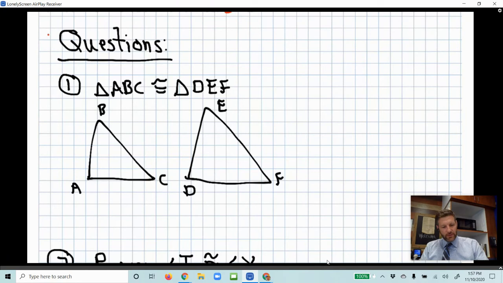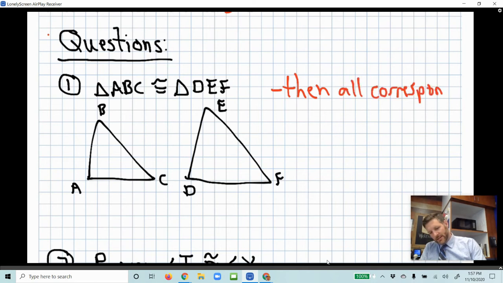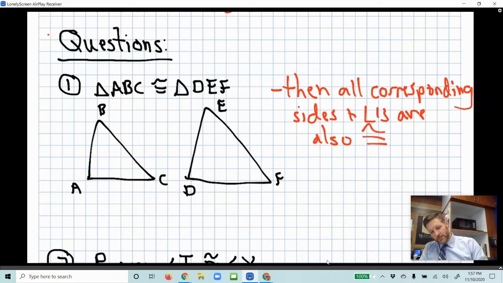If you can conclude that these 2 triangles are congruent, then all corresponding parts, that always means not every side is equal to every other angle, but all corresponding sides and angles are also congruent.